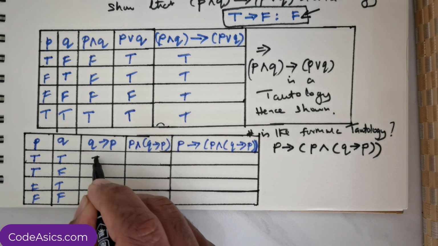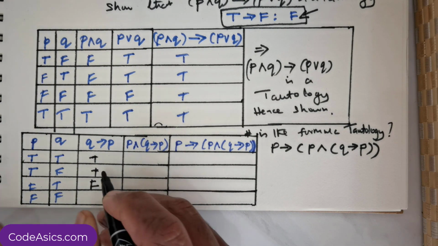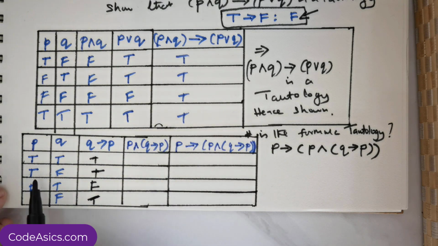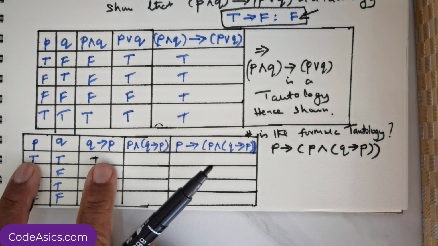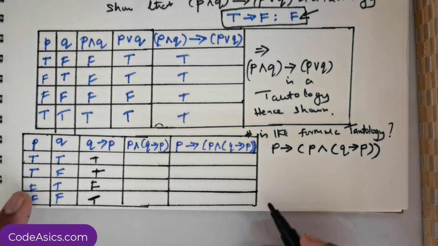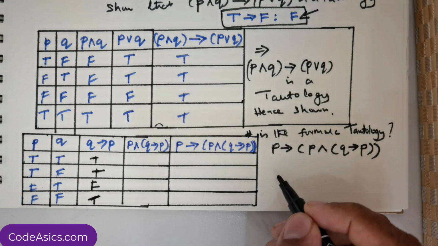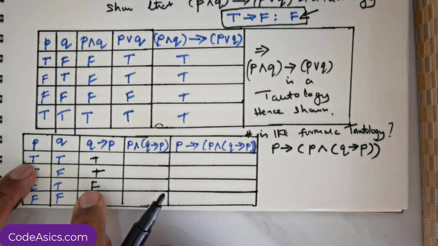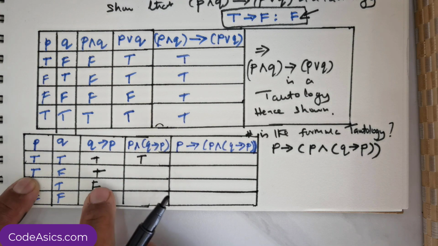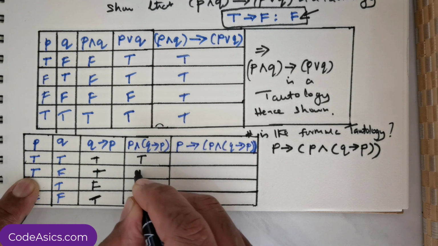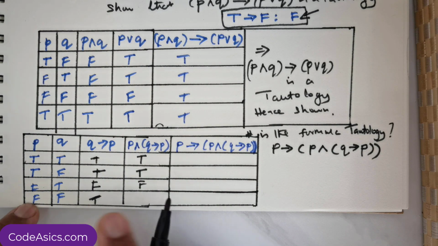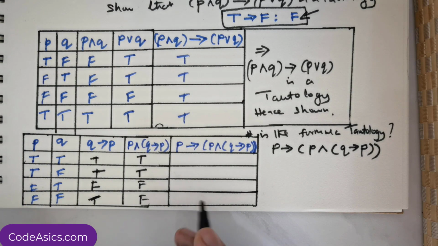No. The rest of them is going to be T, T, and T. Now you have to form a conjunction between P and this column. As I mentioned to you, conjunction is similar to product. So 1 multiplied with 1, I get 1. 1 multiplied with 1, I get 1. 0 multiplied with 0, I get 0. 0 multiplied with 1, I get 0.